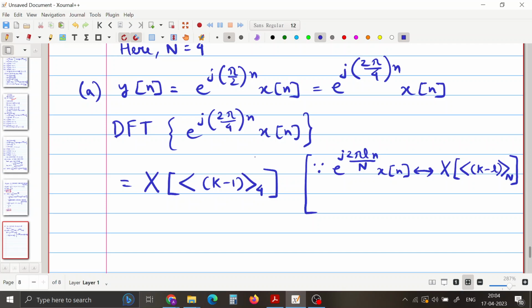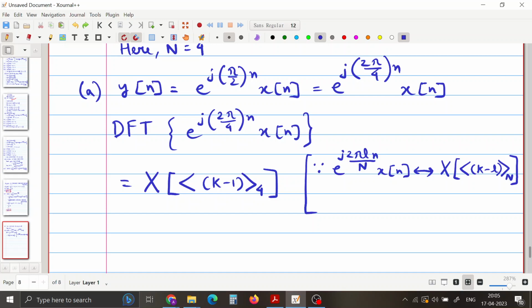So here the amount of shift is L. Comparing these two forms, here L is basically 1. So therefore the shift occurs by one unit here. So that's it, you are done.